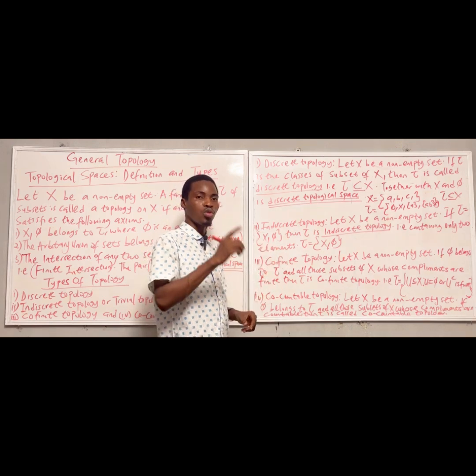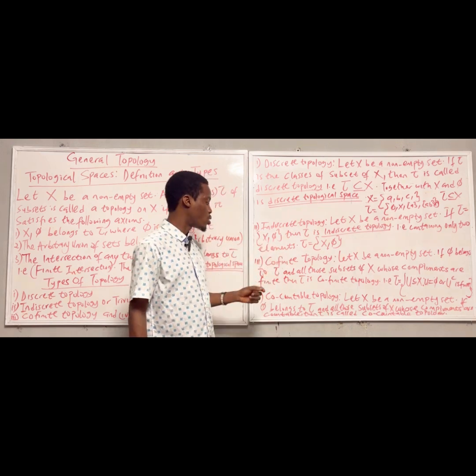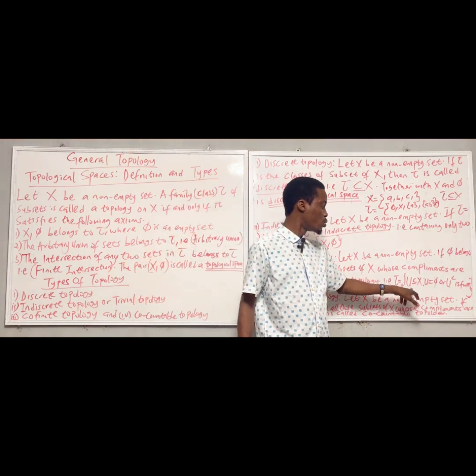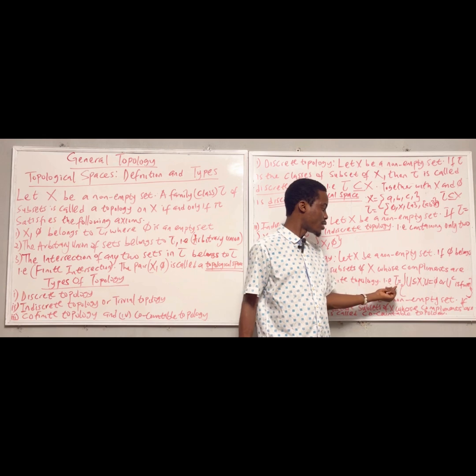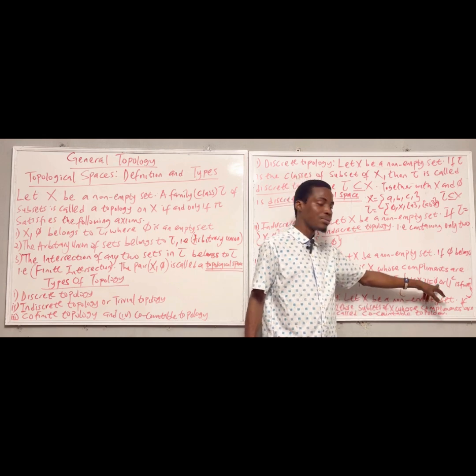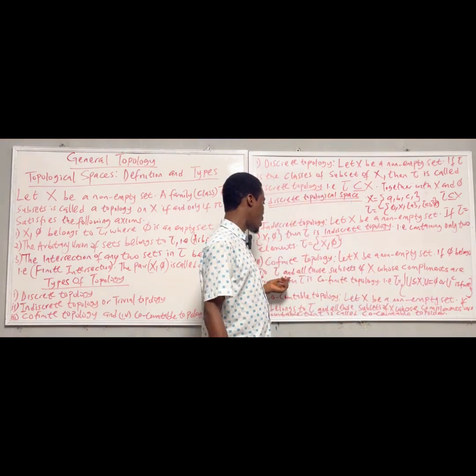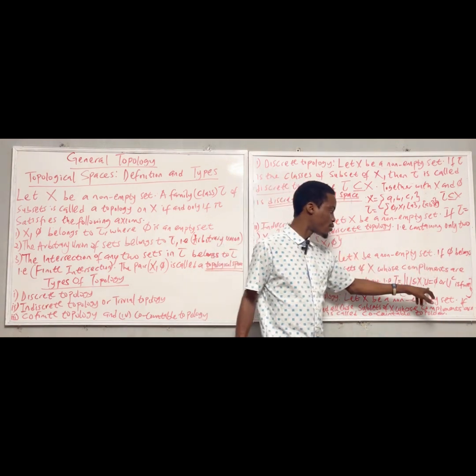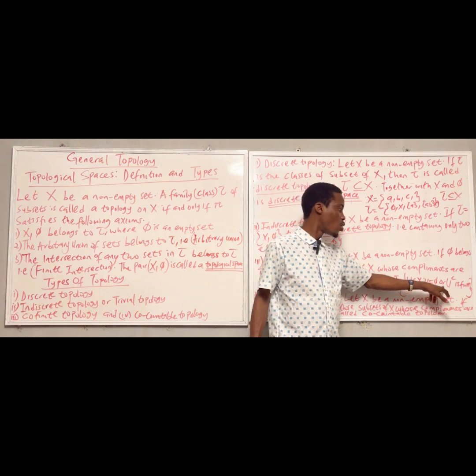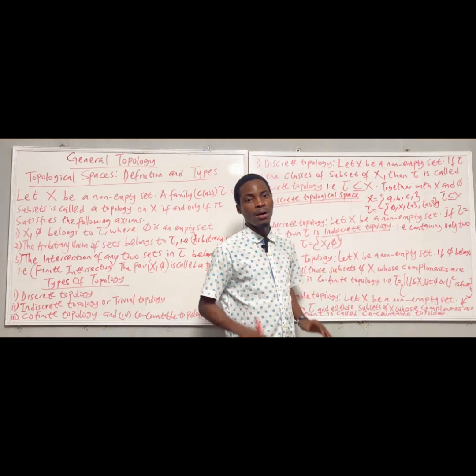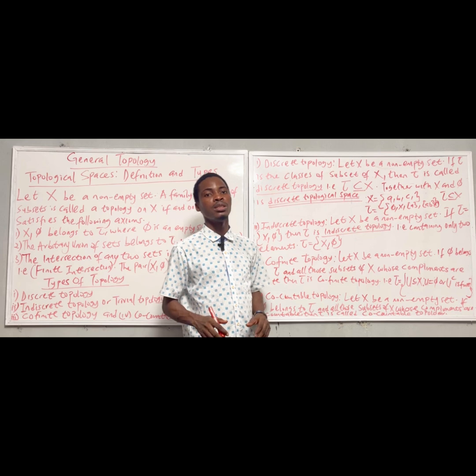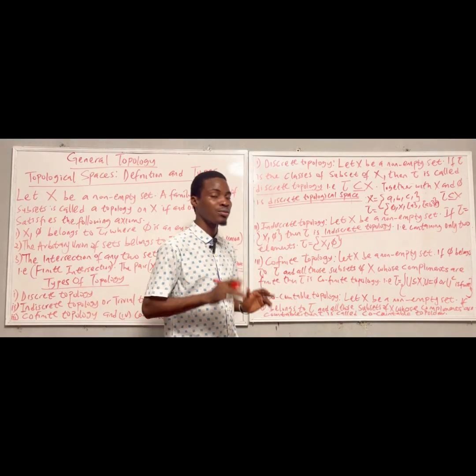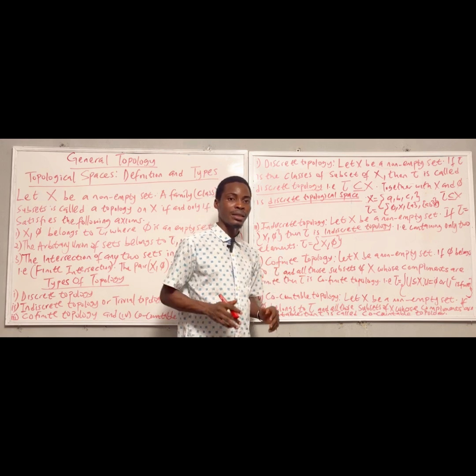But if the subsets of X whose complements are countable, we call it a co-countable topology. In this topology, we can find the empty set, phi, belonging to Top, and U equal to empty or U complement is finite. In cofinite topology, the subsets of X have complements that must be finite.